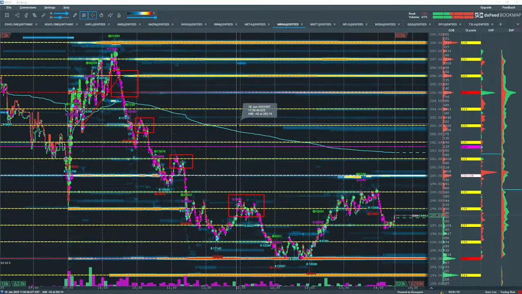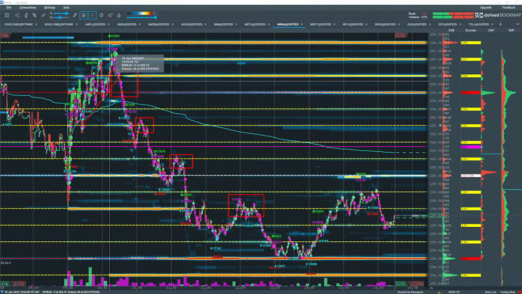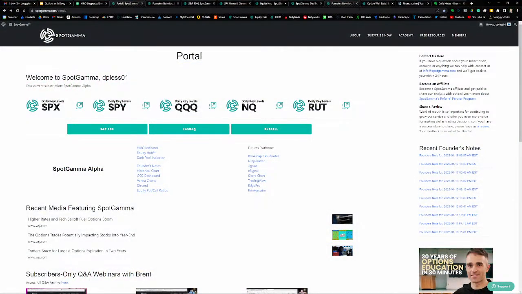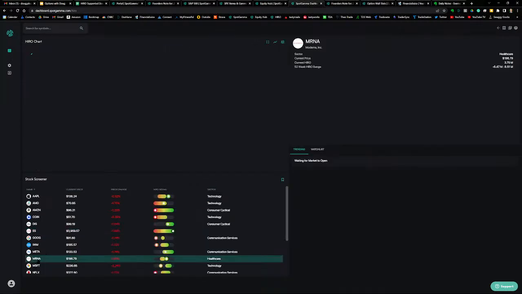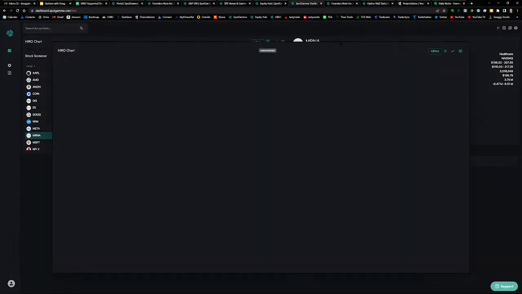And just looking at order flow, you can see all of the market sell orders coming in, all the pink dots coming in on this trend line break. Let's go to Moderna. And there was really a confirmation.